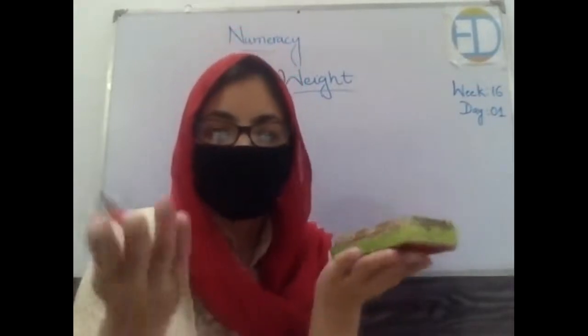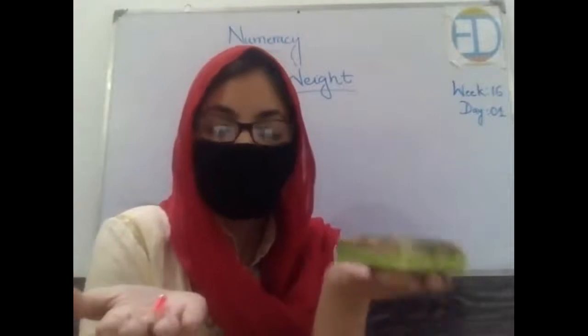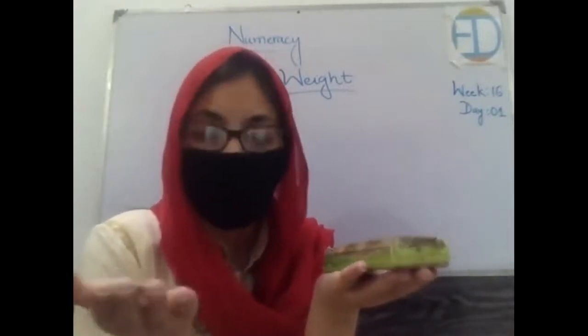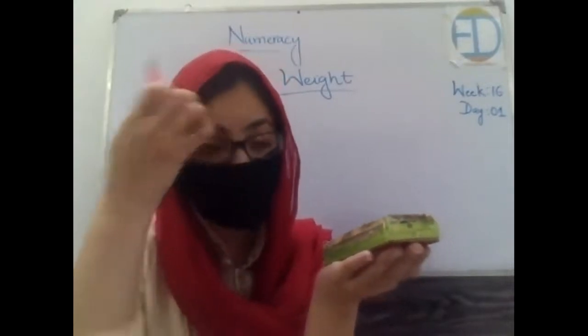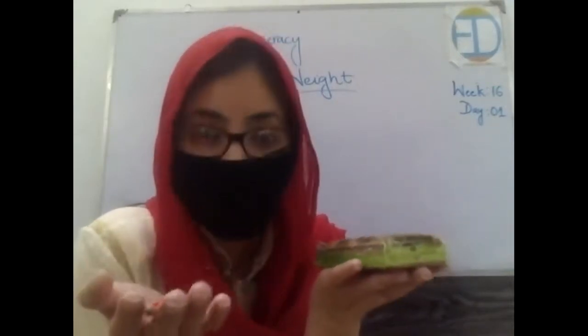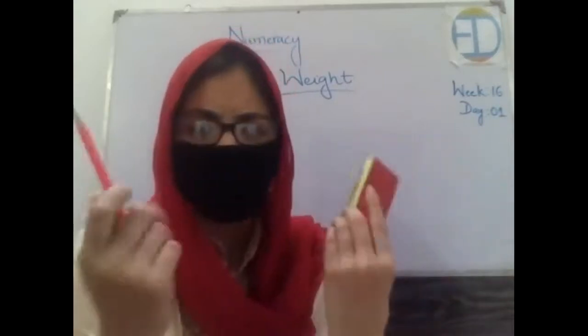Done? Okay, hold them like this in two different hands. And then tell me, are they of the same weight? No. You feel a bit more weight on one side of your hand, right? Let's say I'm feeling heavier this side and this one is lighter. So how do I get to know what is lighter or heavier? What do we call this?